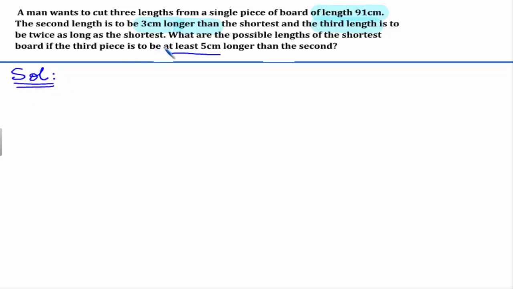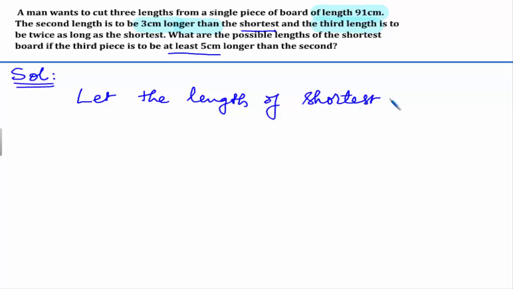If we read the question carefully, the second length is 3 centimeters longer than the shortest and the third length is twice the shortest. That means the shortest is unknown here. Let the length of the shortest piece be x centimeters.